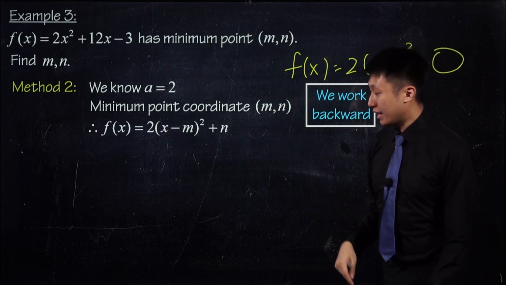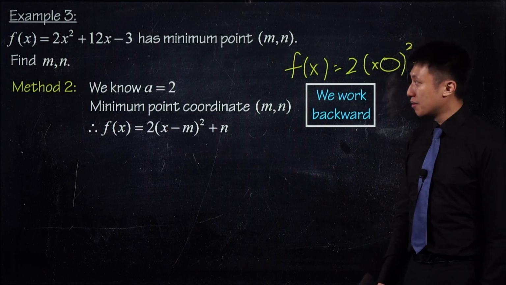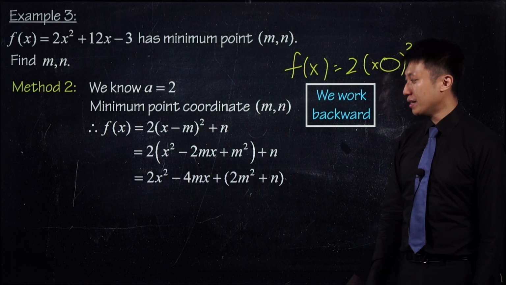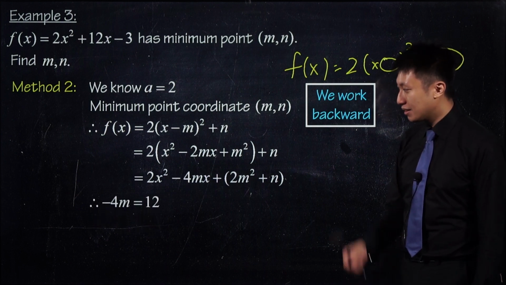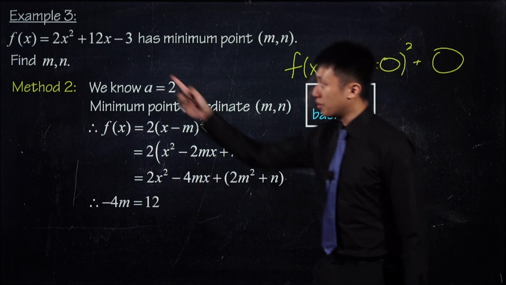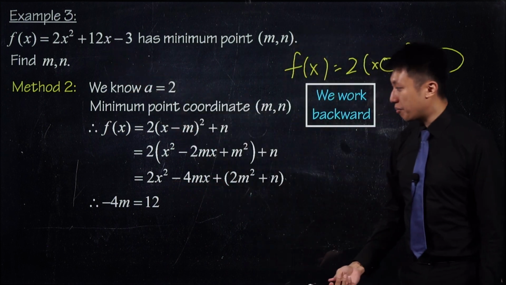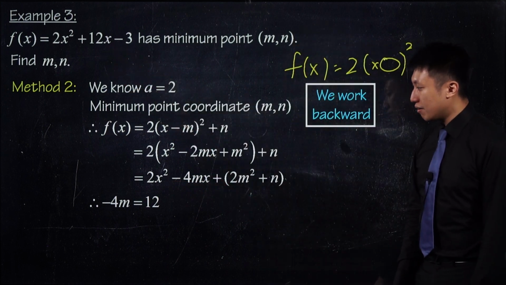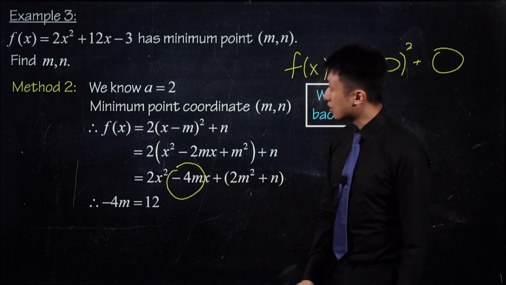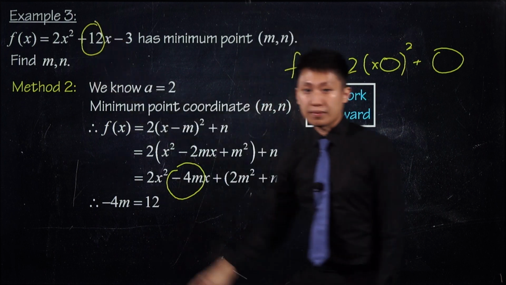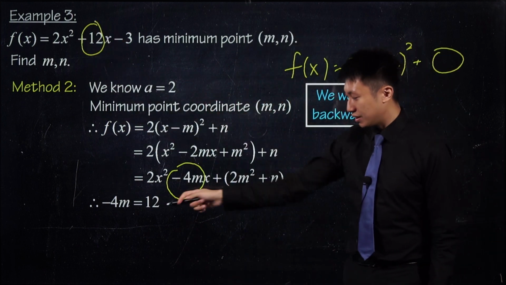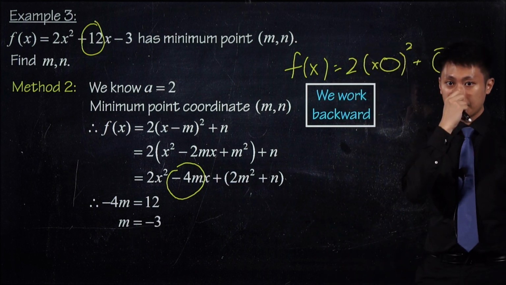So we move backward, meaning we expand this, and we are trying to compare this one with this one. If you compare, we get negative 4m is equal to 12, the x coefficient. So m is just negative 3.